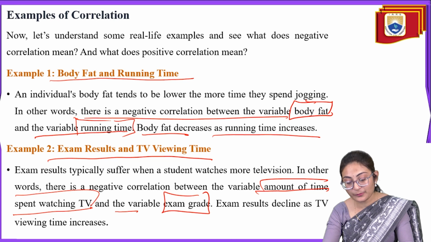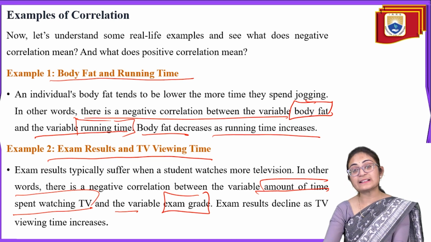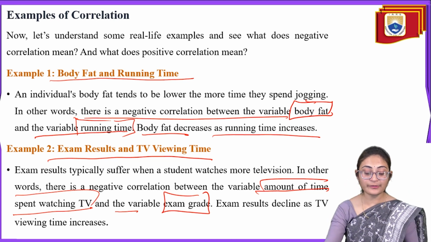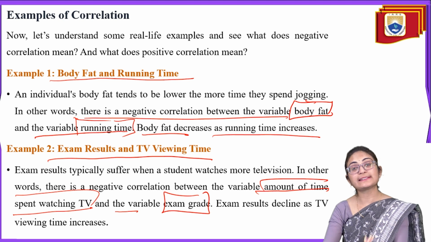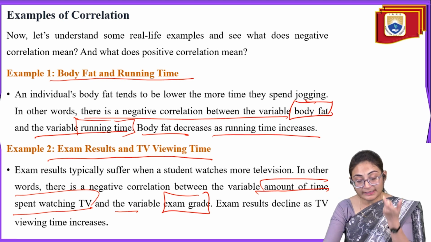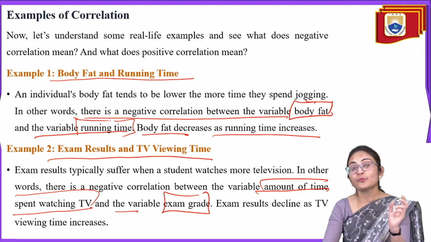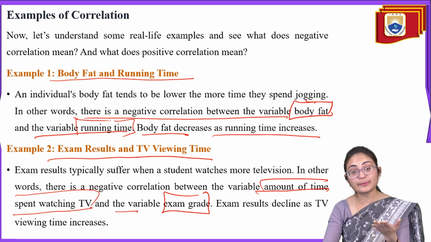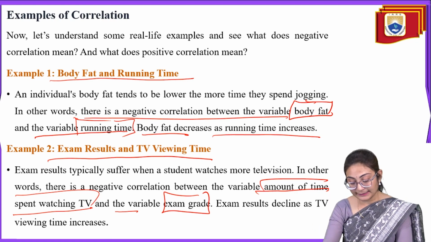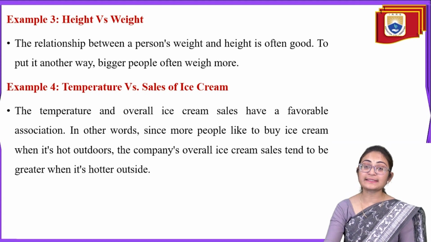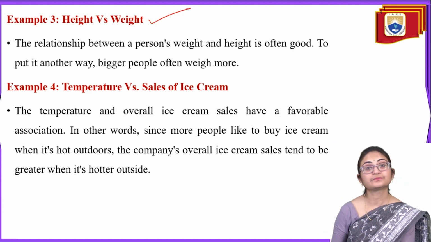These two are variables for us. That means exam results decline as the TV viewing time increases. If you watch TV for much time, then definitely your result will decrease.